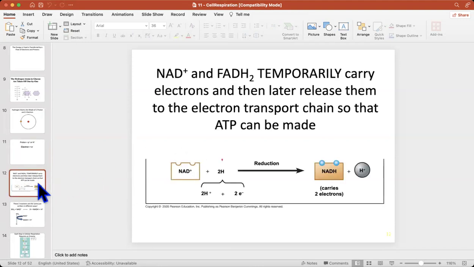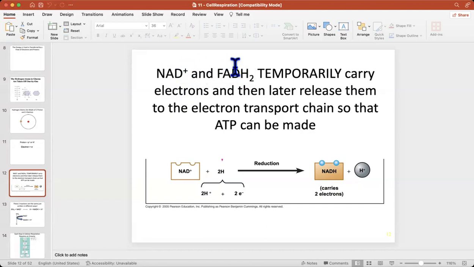Okay, so let's look at those electron carriers. They are called NADH, and sometimes NAD plus, the same. And then FADH2. So these two are electron carriers, especially in the first few steps. You will see a lot of NADH and FADH2.